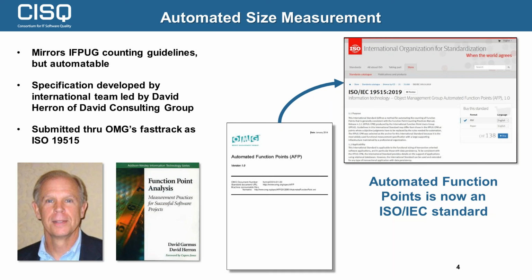But for actually evaluating the system once it's built, we now have an automated way to do that, and David himself has done some studies to show that with work you can get the automated count and the estimated counts to be very close, within 5%. But the nice thing with the automated measures is you get the same one every time if you're measuring the same piece of software. Next slide, please.